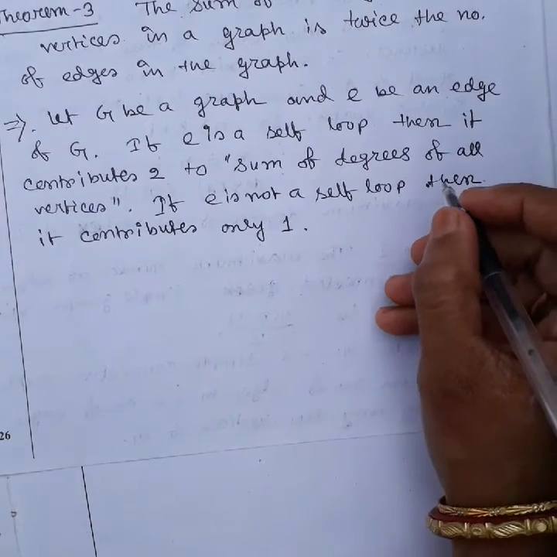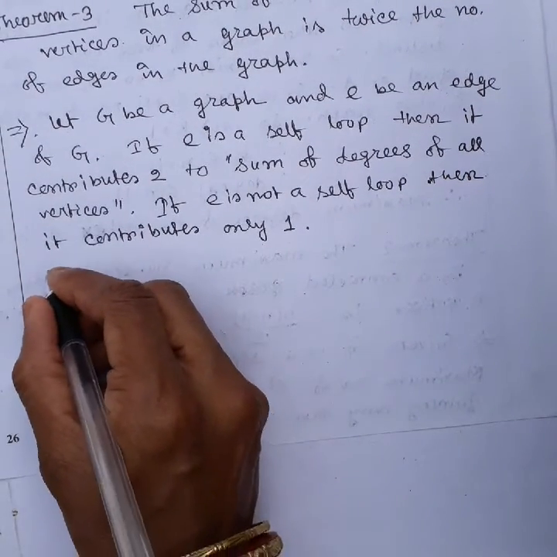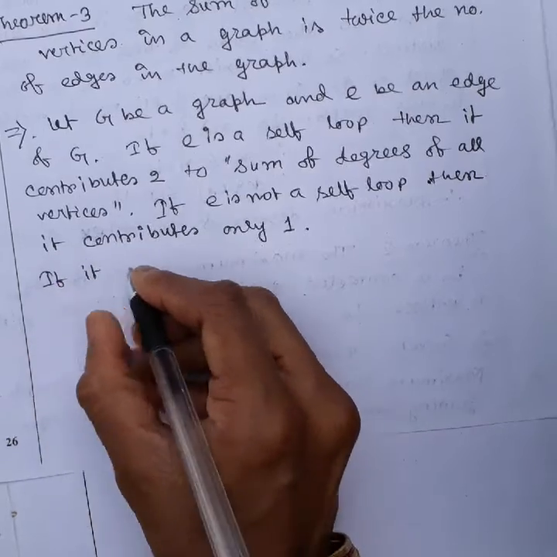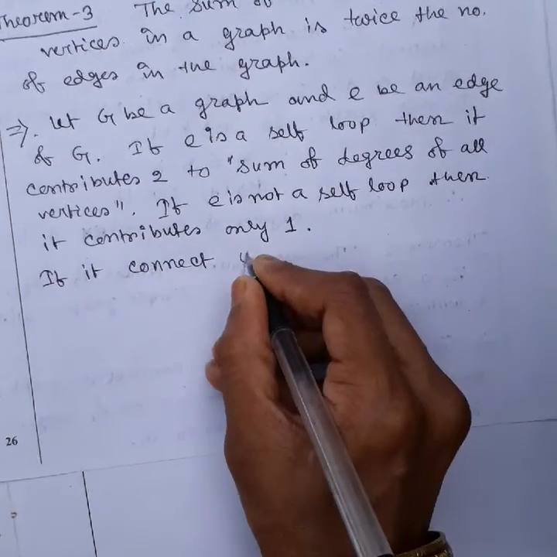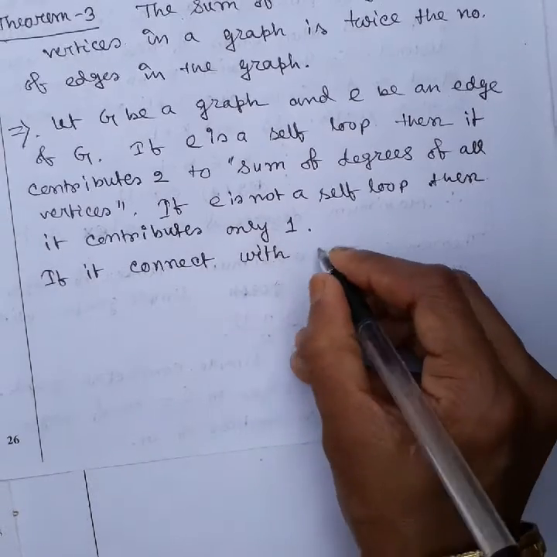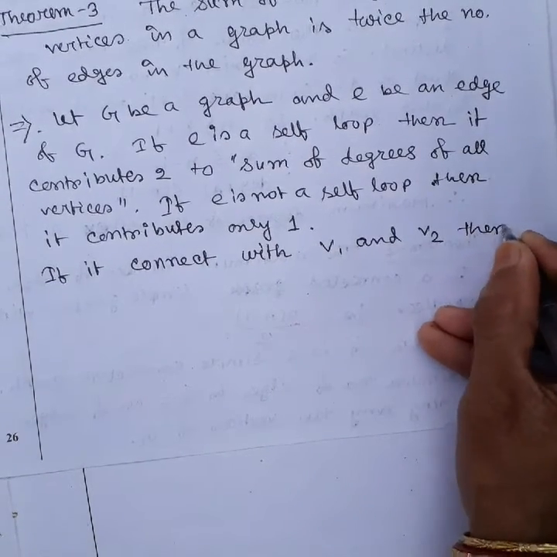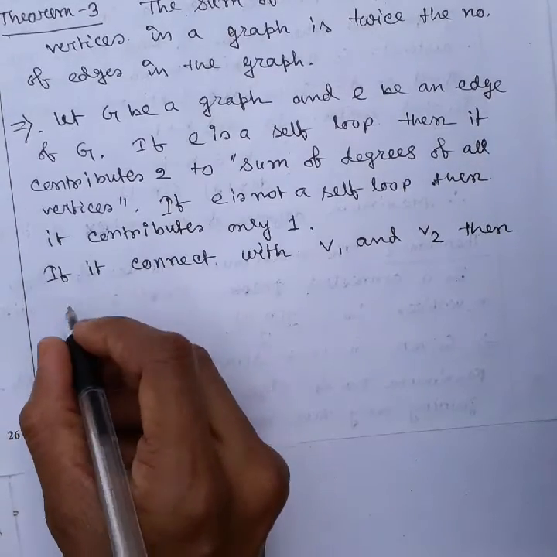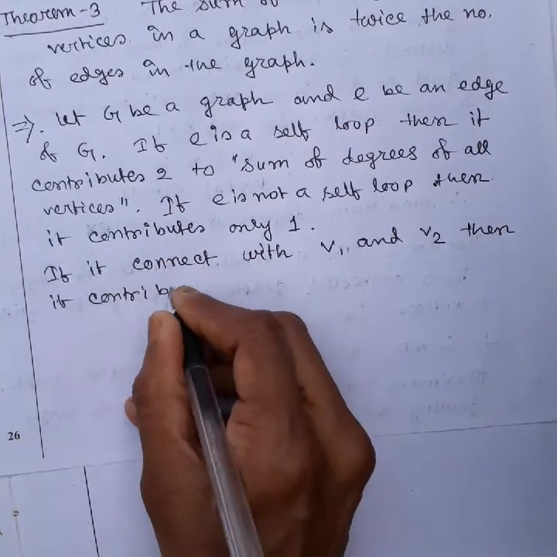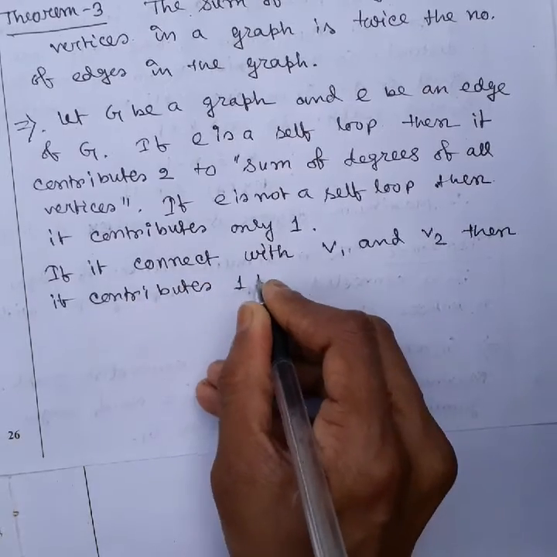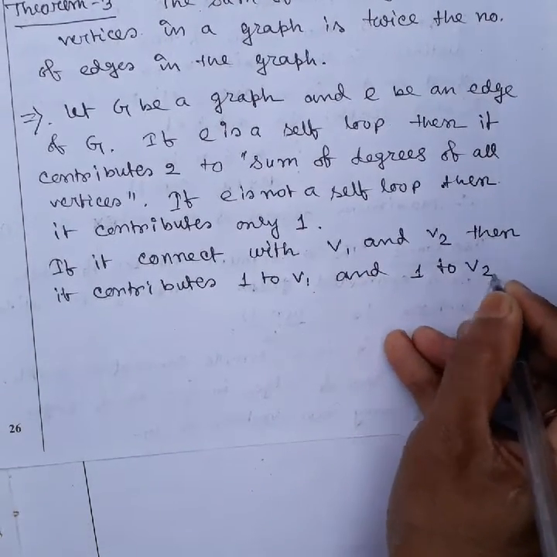If it connects V1 and V2, then it contributes 1 to V1 and 1 to V2.